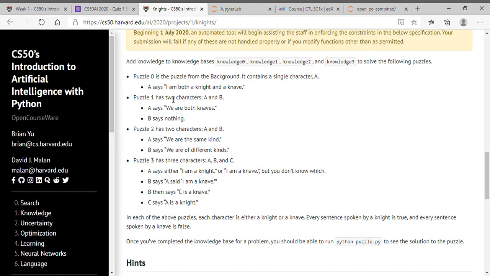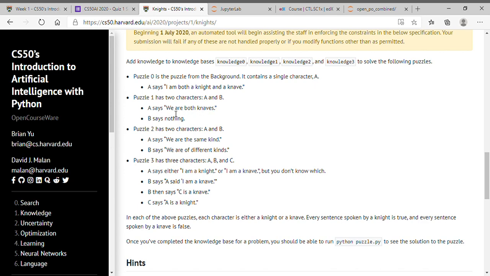Okay, now we see puzzle 1. We have 2 characters here, A and B. A says we are both knaves and B says nothing. We know that this is not true because a knight will always say that I am a knight, or he is a knight, or we are knights, but he will not say that we are knaves, because that's false. On the other hand, a knave will say something false, like we are both knaves.